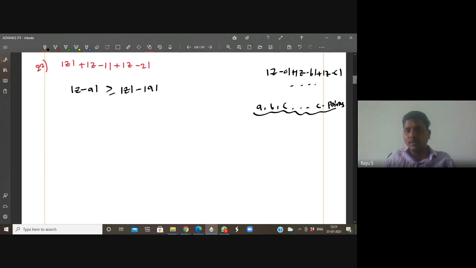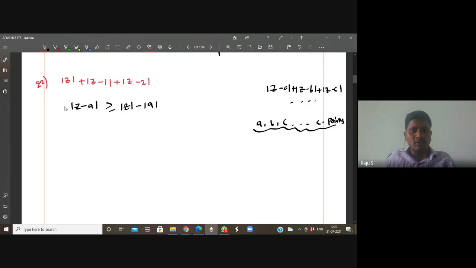Okay, students. So here, when we take z minus 0, modulus z, for example I am taking modulus z equal to 10. Here 10 minus 0 is the minimum value, 10 minus 1 is the minimum value, 10 minus 2 is the minimum value.